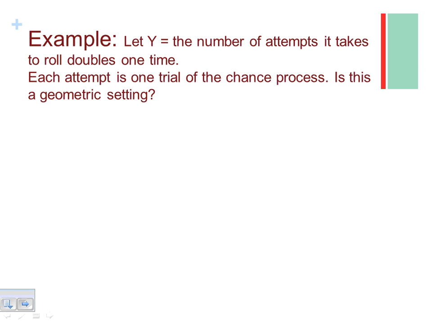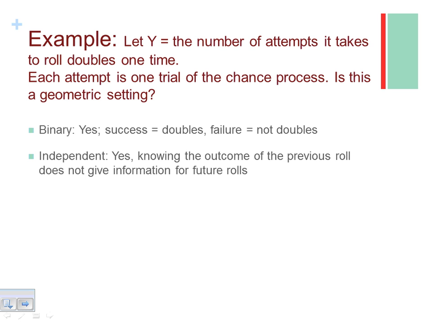All right, so let's look at the example. Let y equal the number of attempts it takes to roll doubles one time. Each attempt is one trial of the chance process. Is this a geometric setting? Okay, so is it binary? Yes, we get doubles. No, we don't. Is it independent? Yep, rolling the die doesn't affect the next roll.